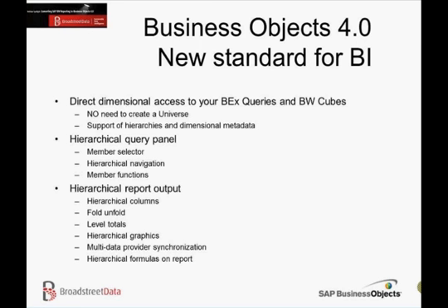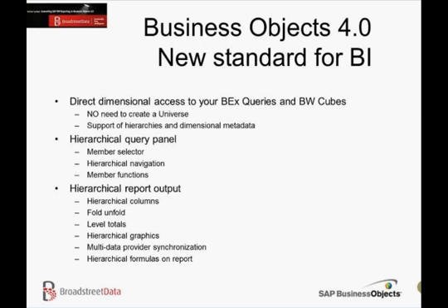Some of the new capabilities that are now exposed to the BusinessObjects tools is that we can go directly against BW cubes and queries. So there's no more need to create a universe. Previously in the 3.1 environment, we'd have to create a BW specific universe in order to expose a query or expose a BW cube.